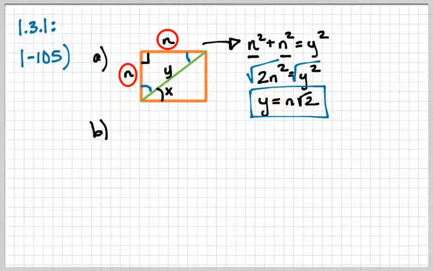So if they're equal, and we know that there's already 90 degrees being used for the right angle, we know that angle x will have to be 45 degrees. Both of those being 45 degrees, 45, 45, 90.